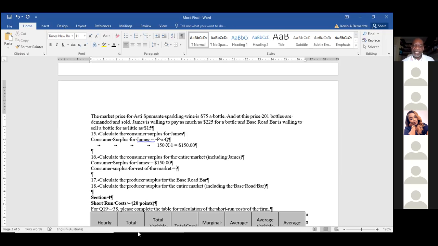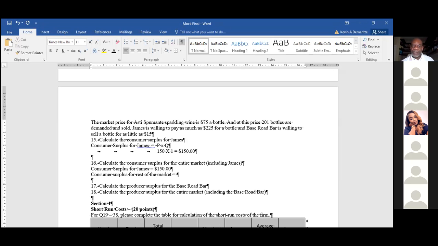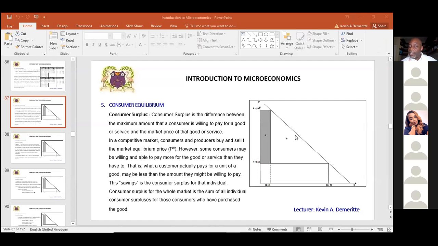Very key point. All right, let's go back to our notes just to make sure. A would be James. So now we're looking for the rest of the market, so we're looking for this B. This triangle area goes from 1 to 201, so it's 200.